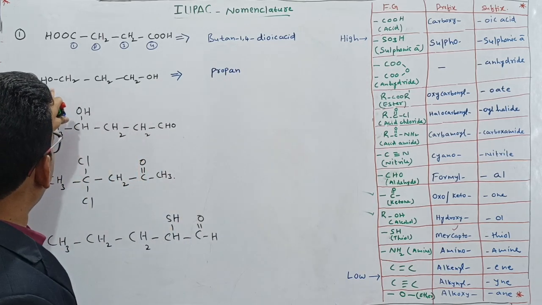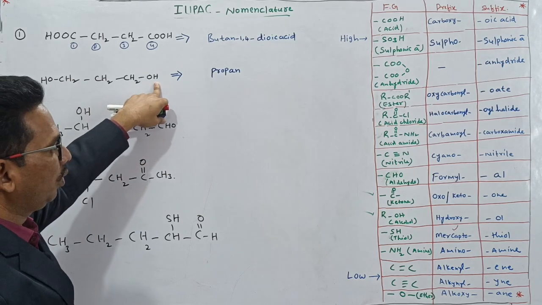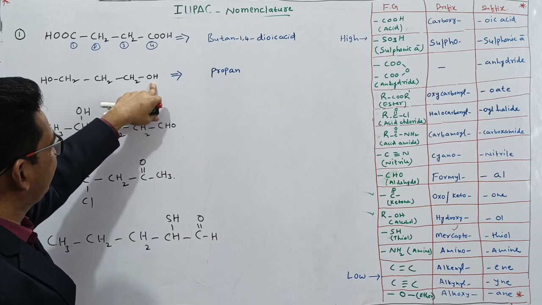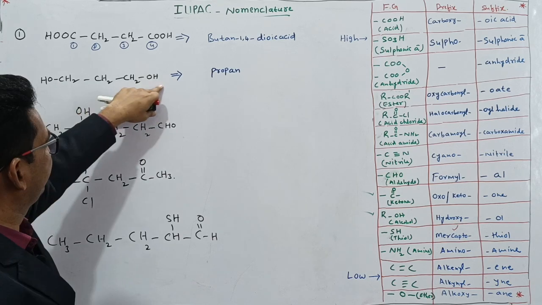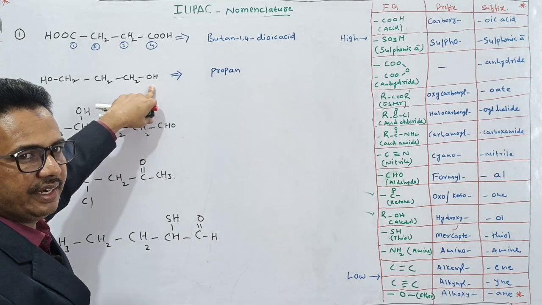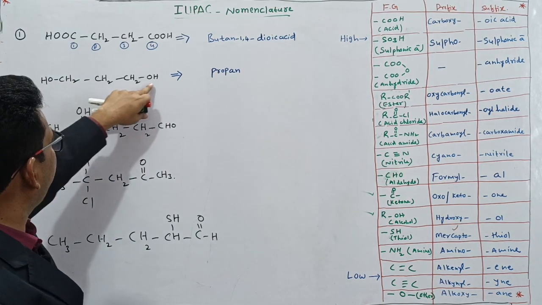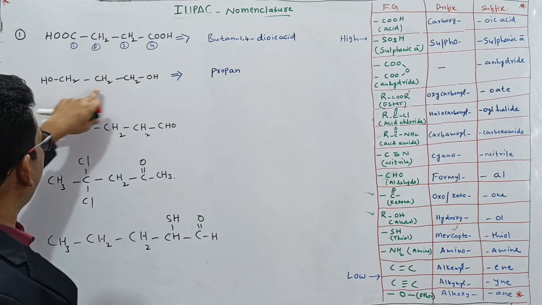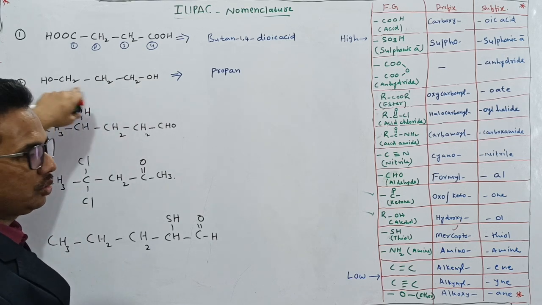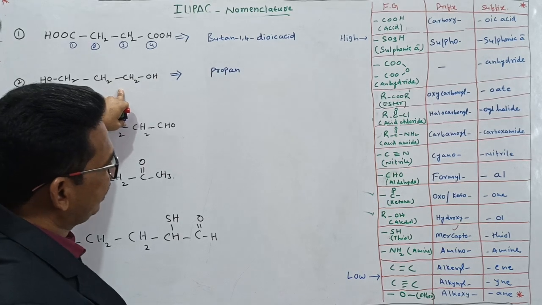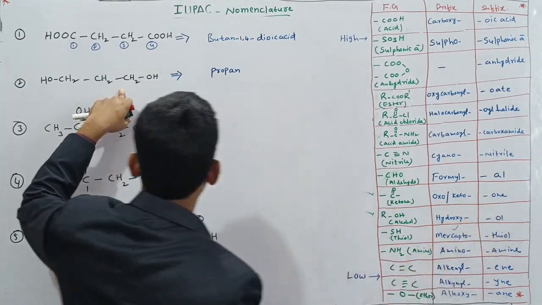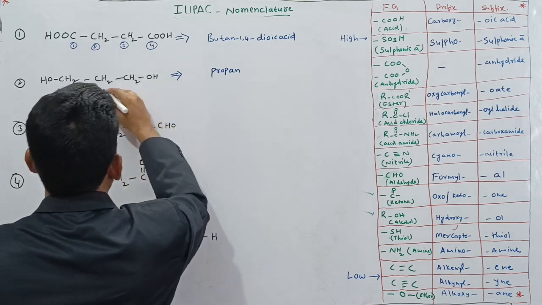Which positions are there? This alcoholic group. We are not writing it as a prefix because these are not substituents. We are writing it as a suffix, because this hydroxy group tells us the nature of this compound: it is an alcohol. 2 alcoholic groups are there, that's why we write the suffix ol. Propane.